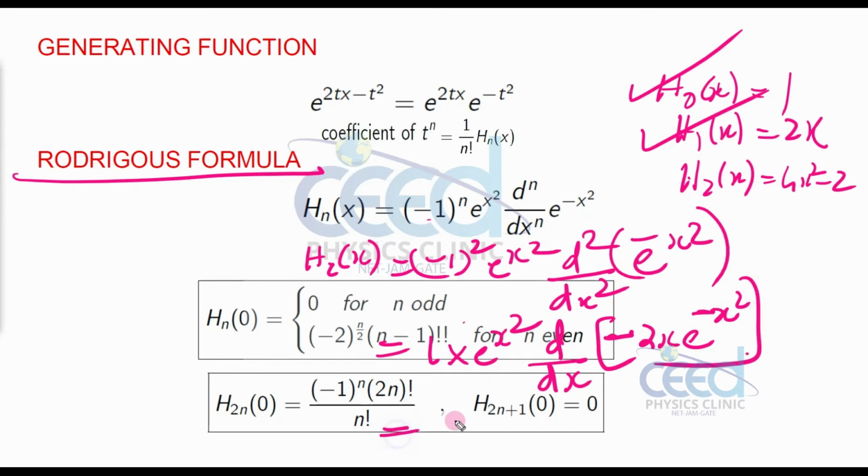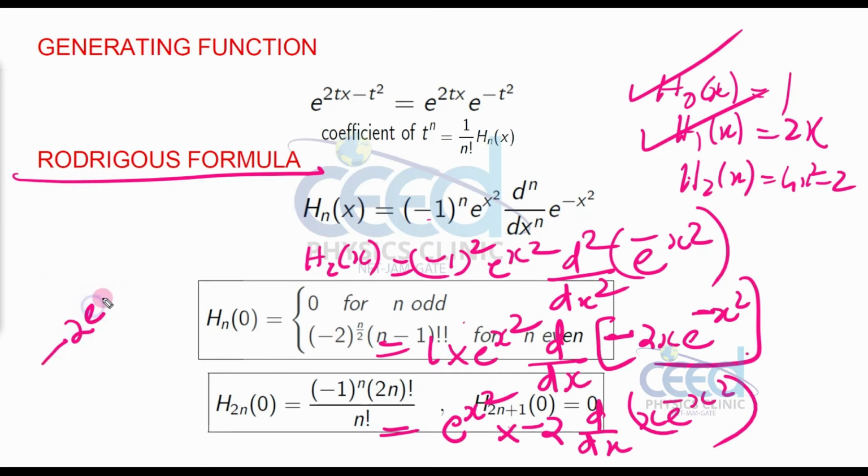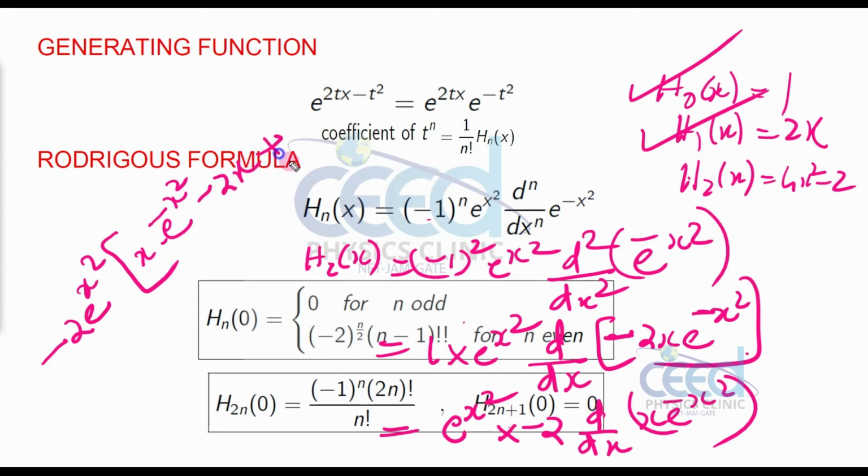That is equal to e raised to x square into, I can take this minus 2 out, into minus 2 into d by dx of x e raised to minus x square. I can differentiate this again. If I am applying the product rule, first function into differential of second, that is e raised to minus x square into minus 2x, plus second function into differential of first, that is equal to 1.